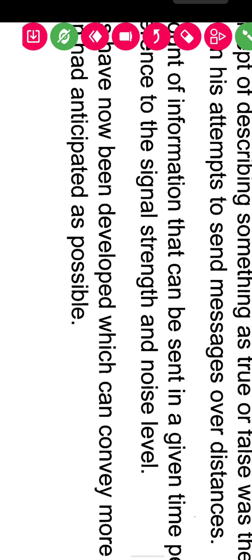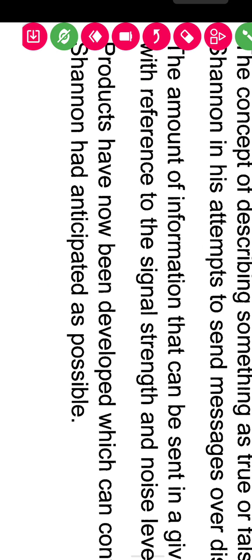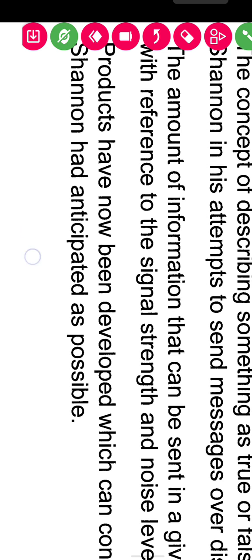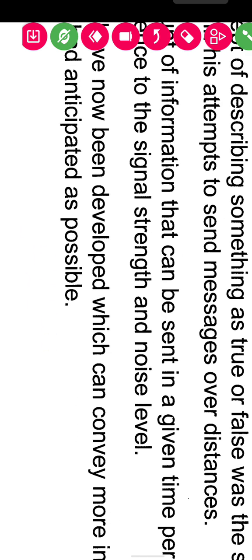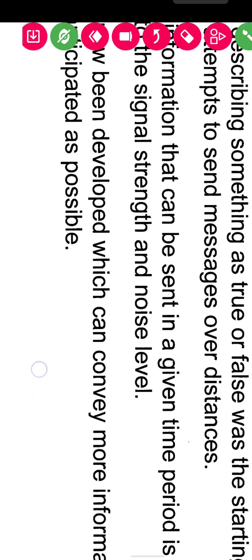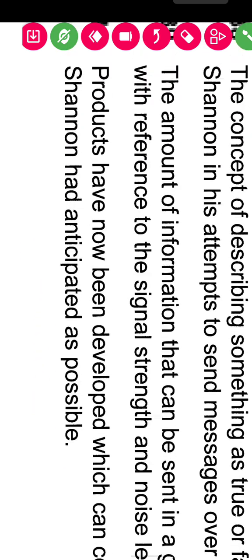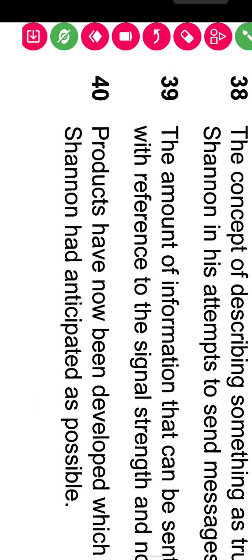It means Shannon predicted at that time that there will be more that we can get. Okay, so there are many products that have been developed which can convey more information than Shannon anticipated. So let's go to the paragraph and see the answer, what it stands for.